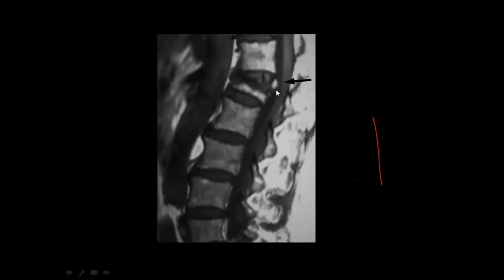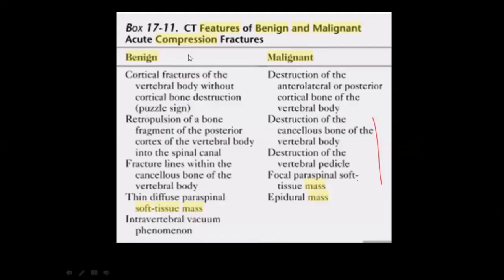No, it is not Gibbus deformity. It is called, exactly, Dr. Amaro, retropulsion. So when you see this retropulsion, you are going with a degenerative compression fracture, not malignancy. Again and again, you will see this comparison in any textbook; it is very, very important, so please check it carefully.